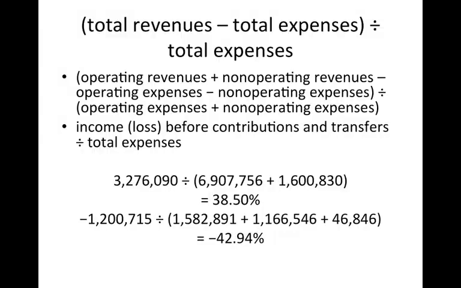Looking at the parking facilities, on the other hand, they look even worse. Looking just at the operating side, it was minus 15%. Now you bring in the non-operating expenses and non-operating revenues, and they're almost 43% underneath what's required to cover their costs.